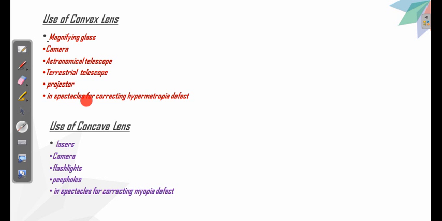In spectacles for correcting hypermetropia defect. Okay, so these are the uses of the convex lens, and these are the uses of concave lens: in lasers, in camera, in flashlights. Okay, in peepholes, in spectacles for correcting myopia defects. So these are some uses of convex lens and concave lens.